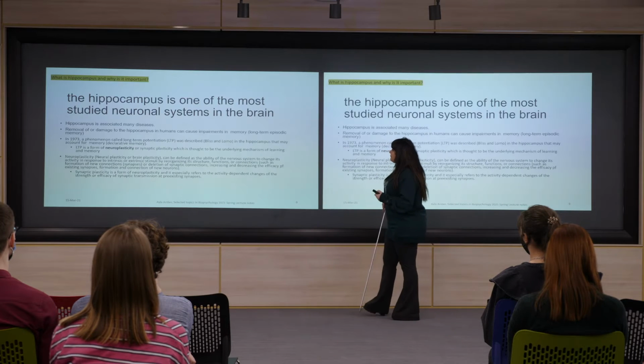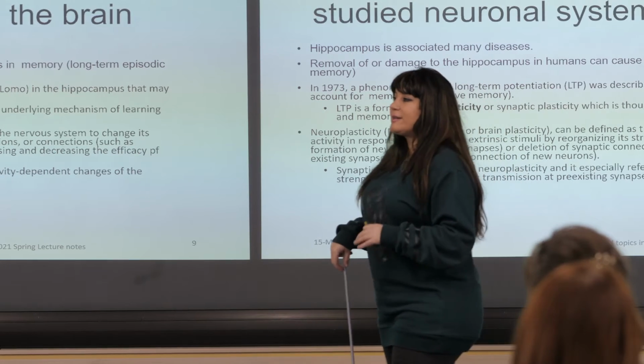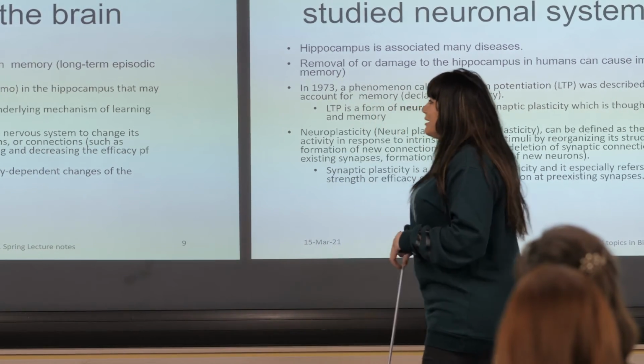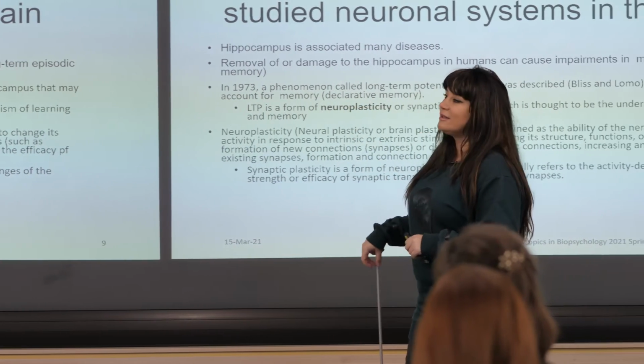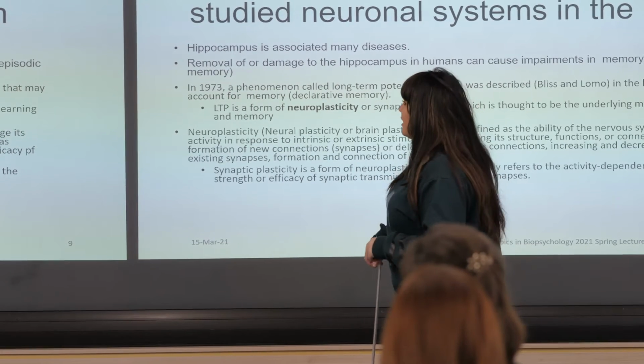So I think now you have some understanding of what the hippocampus is and this circuitry that involves the CA regions and dentate gyrus.